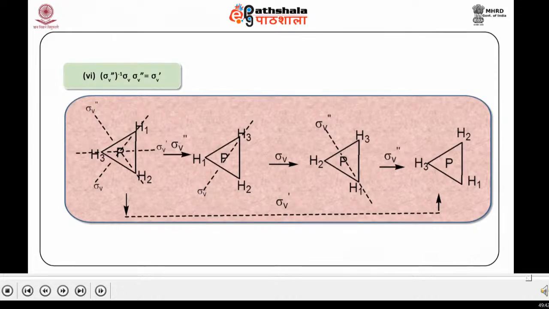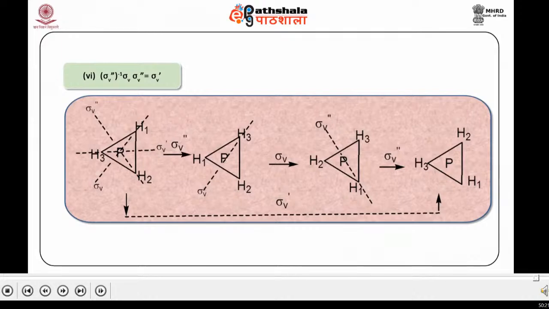Similarly, carrying out similarity transformation on sigma V dash, sigma V double dash by E, C31, C32, sigma V, sigma V dash, sigma V double dash gives the results as sigma V, sigma V dash, sigma V double dash only. Thus, out of 6 operations of PH3, sigma V, sigma V dash, sigma V double dash constitute a separate class.